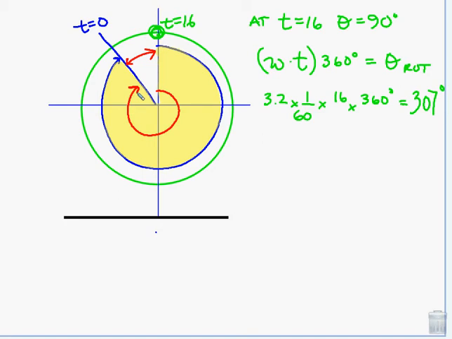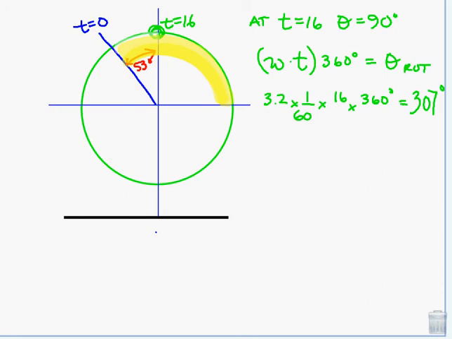If I go back in time 307 degrees, I've gone back in time 16 seconds, and that's going to leave me a gap of a full rotation, so there's 360 degrees, but I only went 307, so that leaves a gap there of 53 degrees. The reason that's helpful is because now I can get this yellow portion of the circle, which is 90 plus 53, which is 143 degrees, which is my theta initial. Alright, so my theta initial is 143.